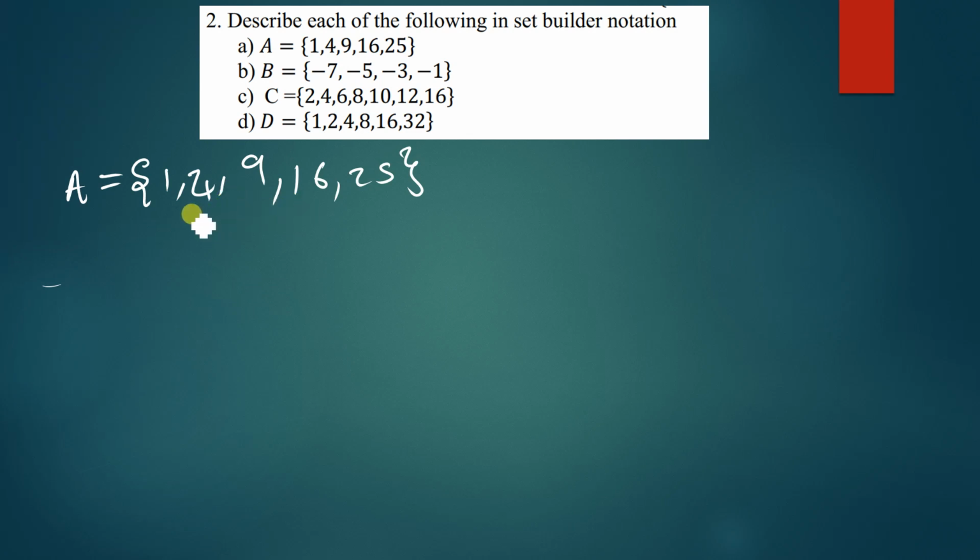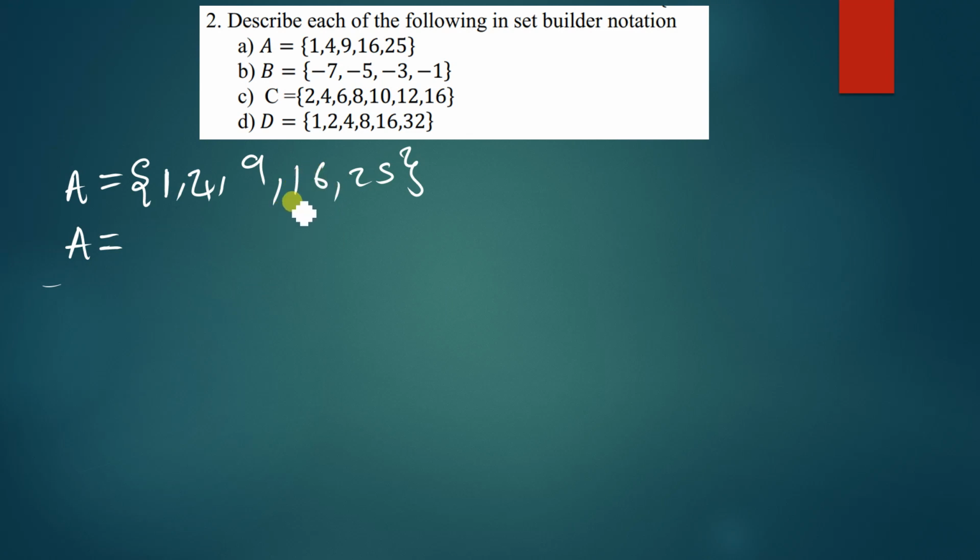To write this in set builder notation, let me explain what perfect squares are. It's easy to find the square root of 1, of 4, of 9, 16, and 25. So these are perfect squares which are less than 30 or 26.